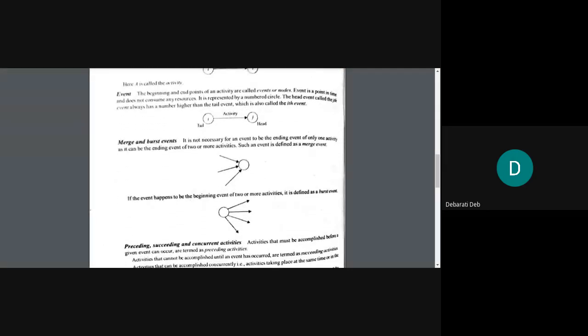From tomorrow onwards, I will not mention it as an arrow. I will mention it as an activity. I will not mention the circles as circles. I will mention them as either head event or node or tail event or node.